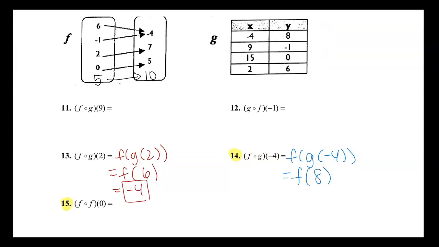Okay, now looking in the F table, if you don't remember from Algebra 1, this is your X column, this is your Y column. So if you need to label that out, please do so. The X column is always the ends of your arrows. The Y column is always like the arrowheads. So now looking in the F table, I'm going to look for f of 8.